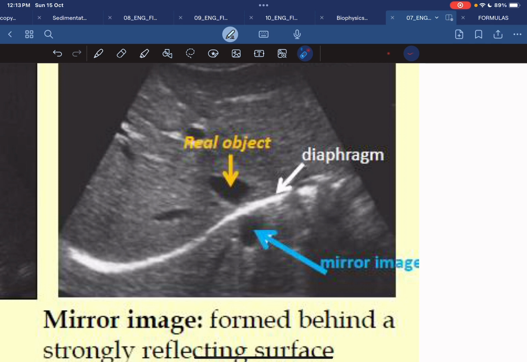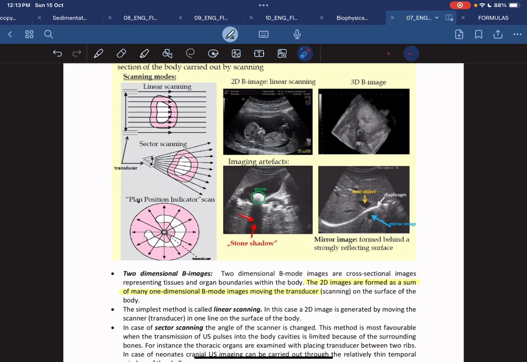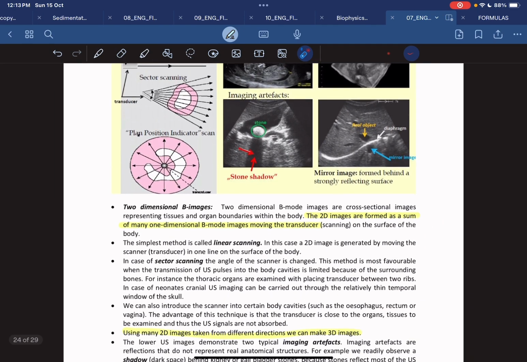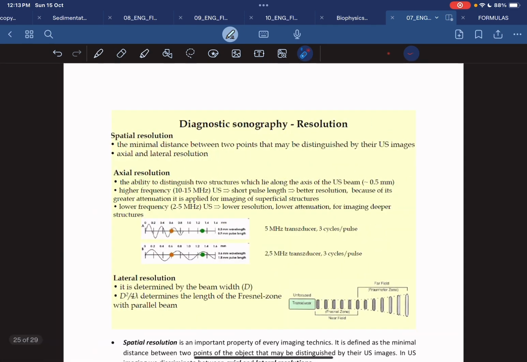The transducer thinks, maybe there's another object here, but actually this object is just scattering the ultrasound back, and the diaphragm is scattering it back to the transducer, so the transducer ends up thinking there are two things. But this won't be asked, I don't expect it to be asked, so don't worry about this.